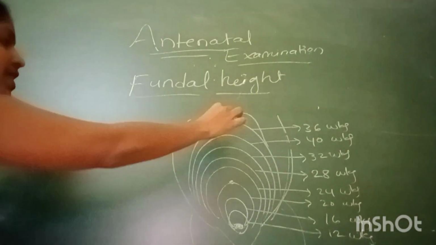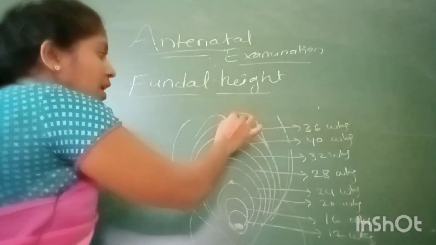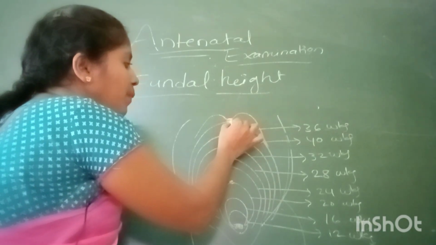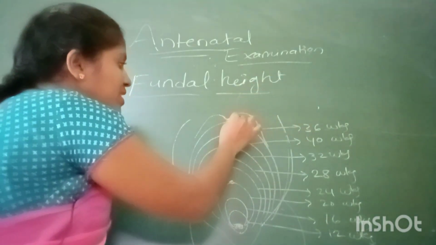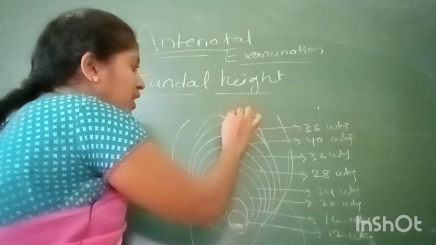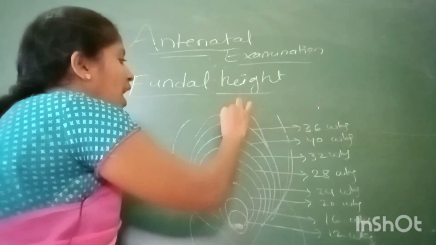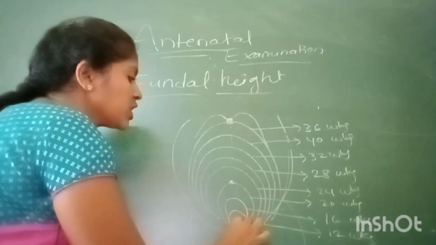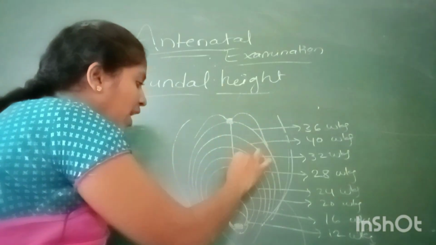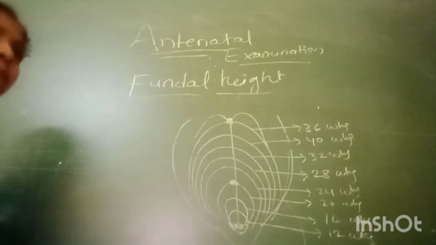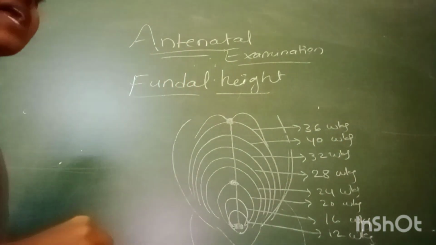For example, the height of the uterus is here at 36 weeks. You have to keep the inflexible tip of the tape on the fundus, and from the fundus to here, at the top of the symphysis pubis, we will have to check by using the tape. That is called fundal height.